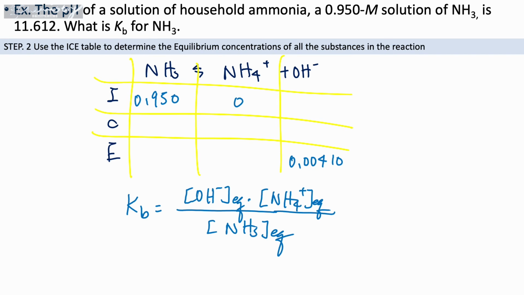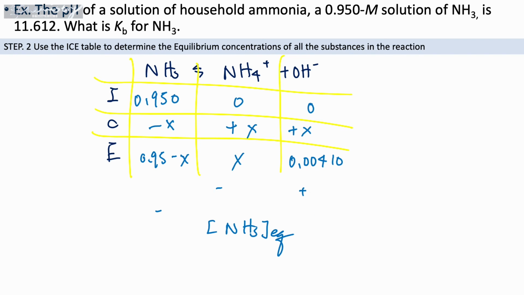So to start, we can again fill out the ICE table and solve for x. In this case, we know that x is equal to 0.00410 molar based on this part.